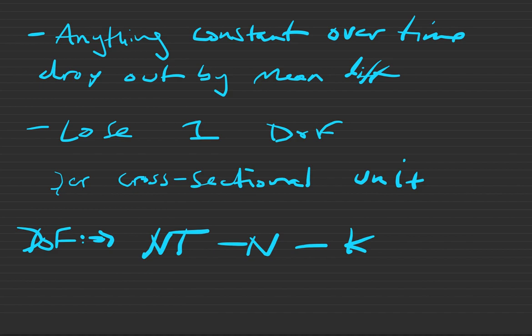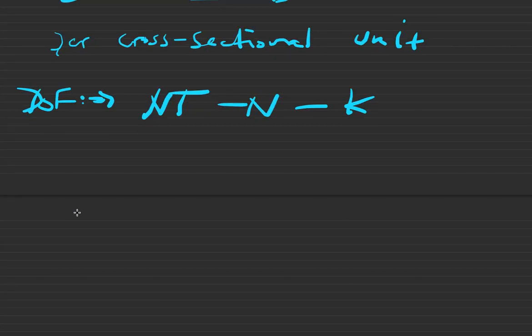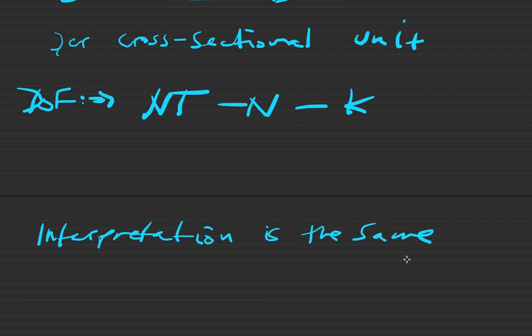The interpretation of the coefficients is the same as we have been interpreting the coefficients, with the caveat that the coefficient has been identified using within variation, that is, the variation of the individual units over time.